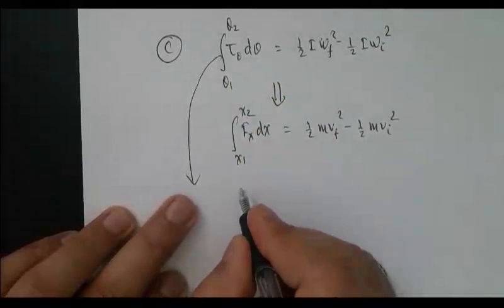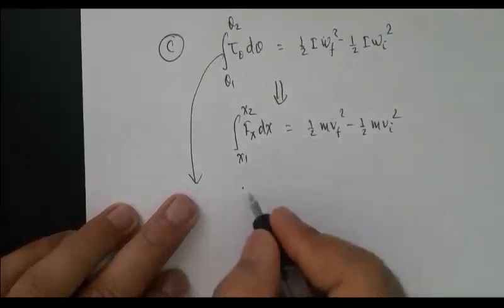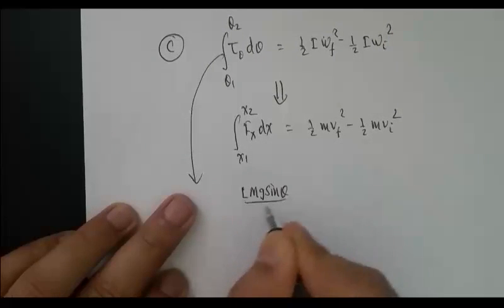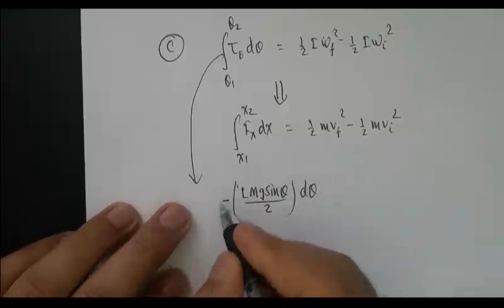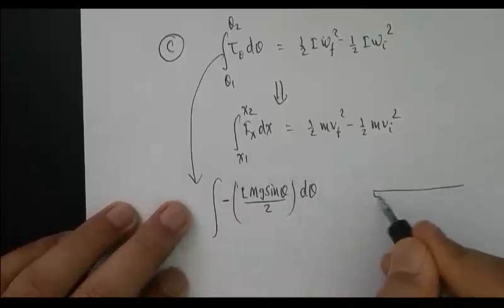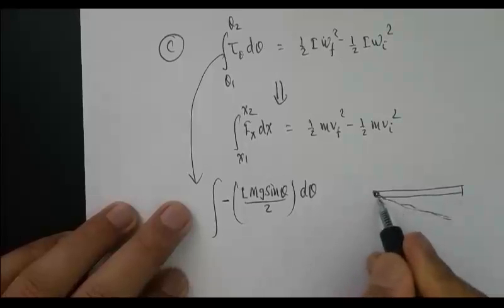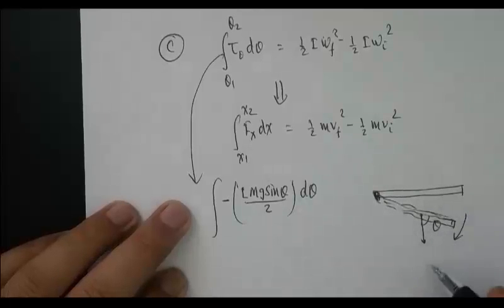Torque we have already calculated: L m g sine theta over 2, times d theta. But you have to put a negative sign here because this is a clockwise torque about the pivot point, so the direction is negative z, or clockwise.